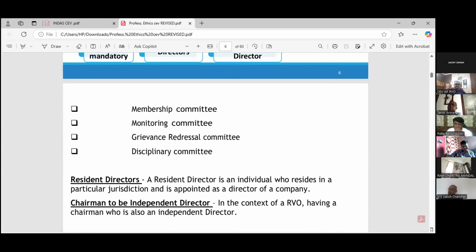And what is a resident director? A resident director is an individual who resides in the particular jurisdiction and is appointed as a director of a company. Then the chairman is to be an independent director, in the construct of the RVO.